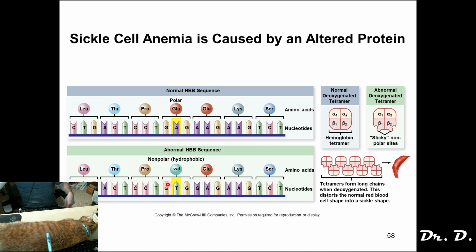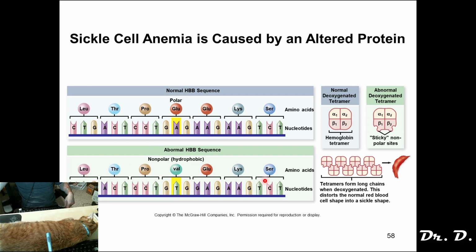So now the codon reads GTG, which codes for valine, a hydrophobic amino acid, whereas before GAG in the normal or wild type gene codes for polar glutamic acid, okay? So what's the deal? Now you have a non-polar amino acid where you should have a polar amino acid.